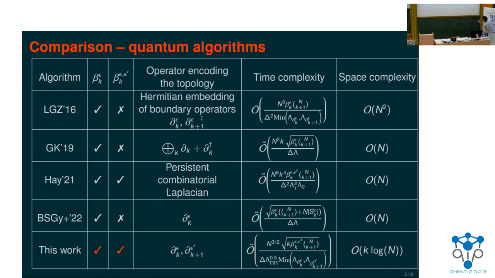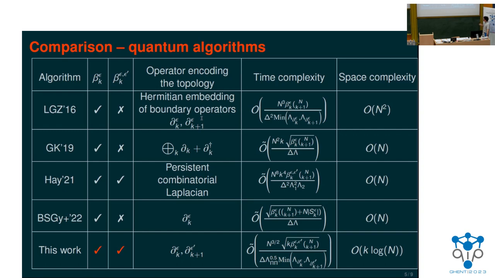While there was some improvement in the complexity and also improvement in applicability, because initially people only looked at single Betti numbers, but as we discovered, in practice we care about persistent Betti numbers. The first work had quite high complexity, but they showed that it's possible, in principle, to get an exponential speedup if you have a normalized Betti number estimation.